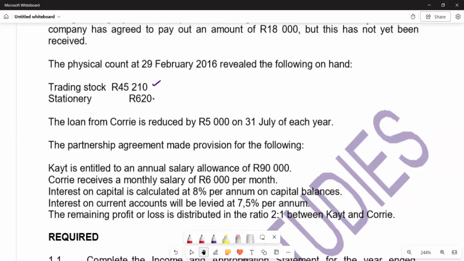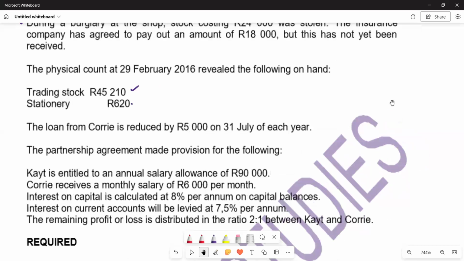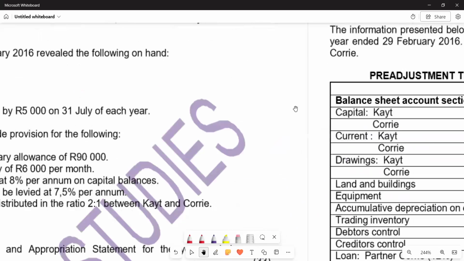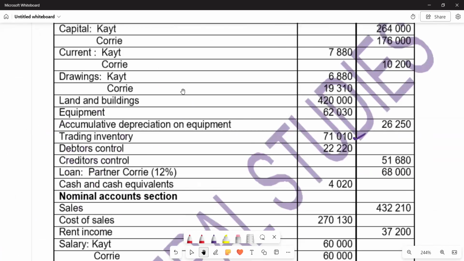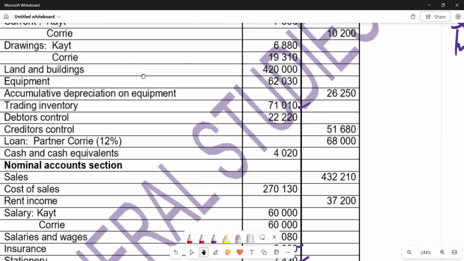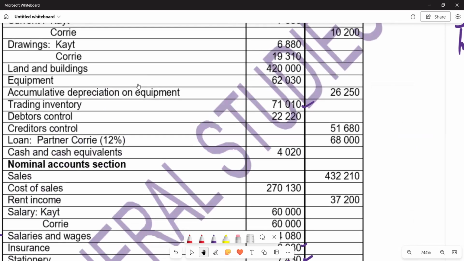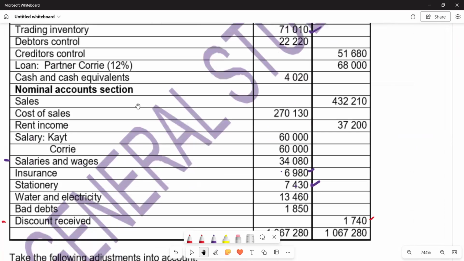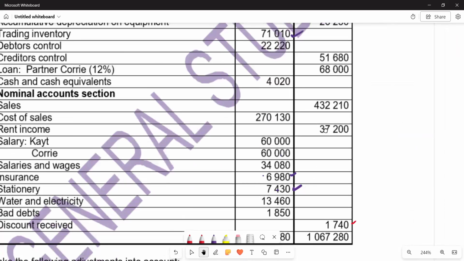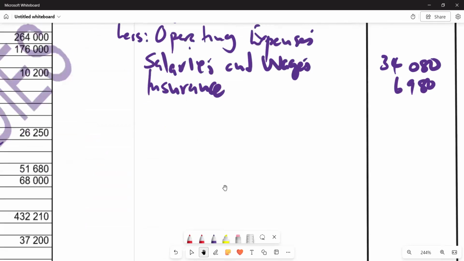We're going to subtract it from the figure for stationery that was bought, which is indicated in the trial balance. So we are going to say trading stock that we have there, which is for stationery, which was bought with 7,430. Then we subtract 620 of what is remaining at the end of the period to get what was used, which is going to be the expense.